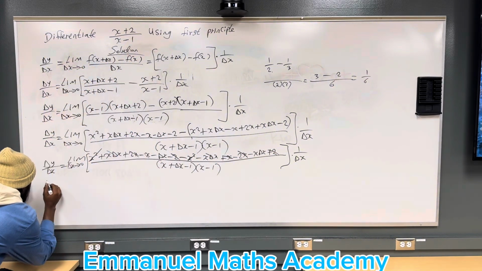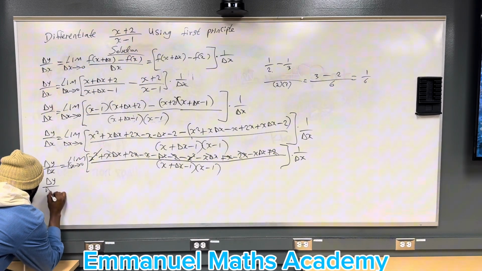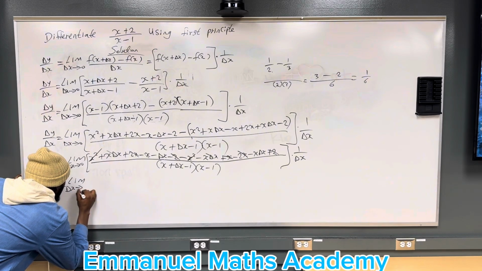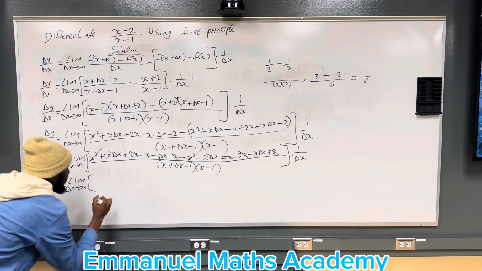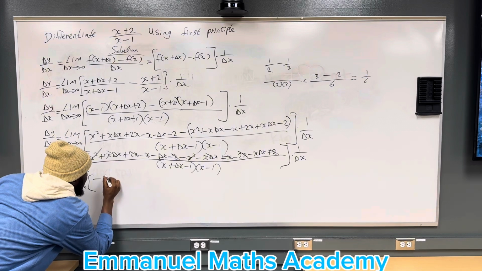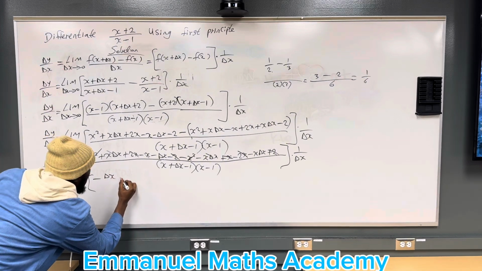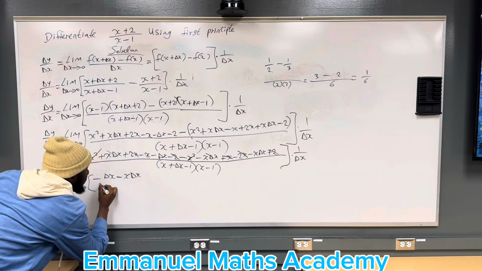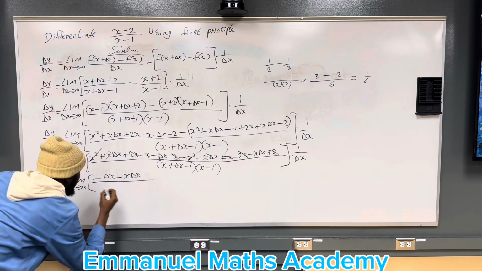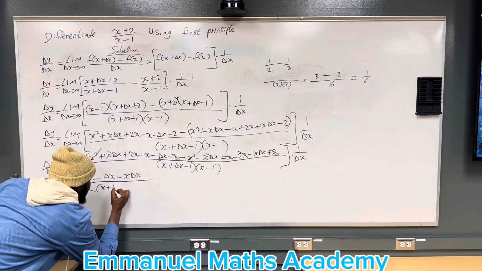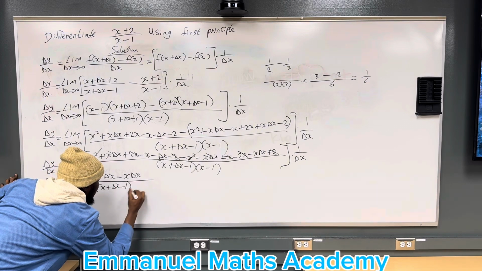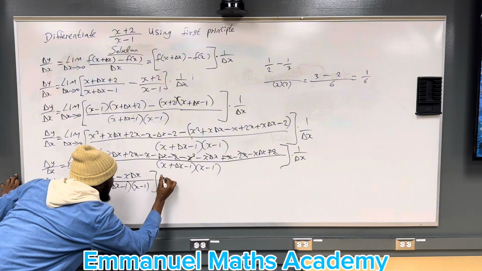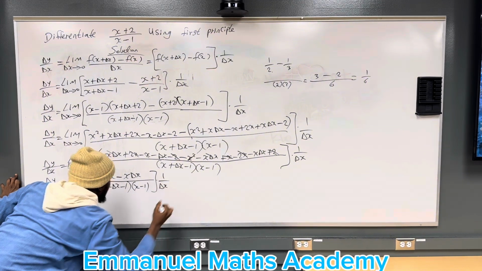So this is equal to delta y over delta x, the limit as delta x tends to 0. You have minus delta x minus x delta x all over x plus delta x minus 1, x minus 1. Remember, you still have something outside, which is 1 over delta x.